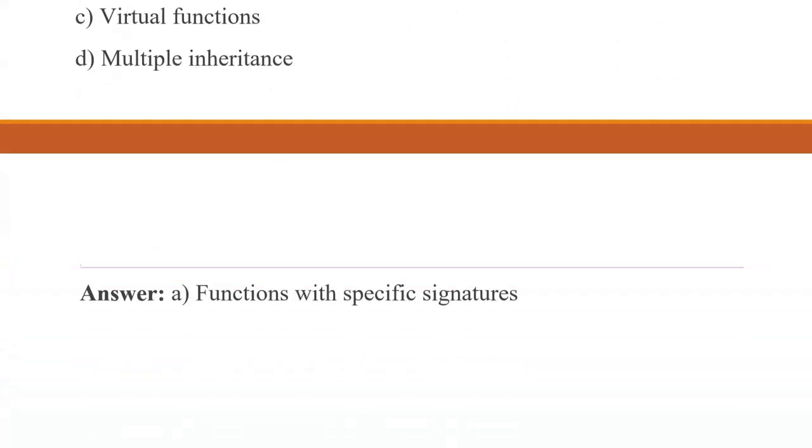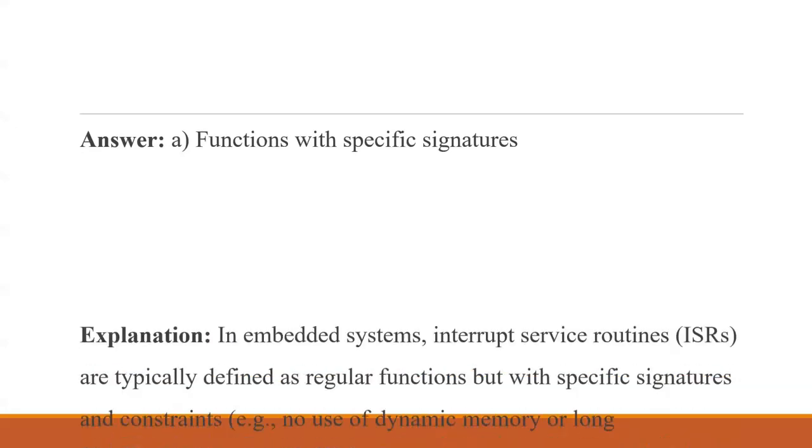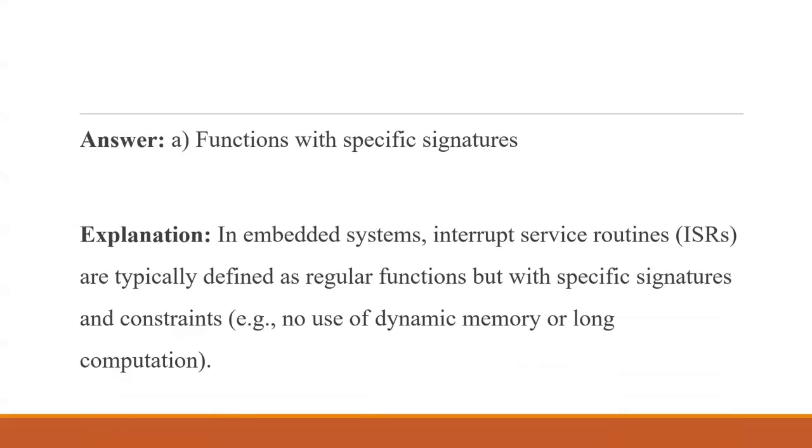The answer is A, functions with specific signatures. In embedded systems, interrupt service routines are typically defined as regular functions but with specific signatures and constraints. So there is no use of dynamic memory or long computation.